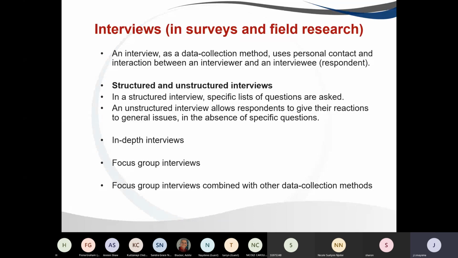It is rigid, it has been planned to the T, and everything needs to go according to plan. So all the questions that had been planned need to be asked. They need to be asked in a specific way, and so there's really no room for any deviations from the plan, right? Whereas an unstructured interview, again, as the name suggests, is one where you have some flexibility.